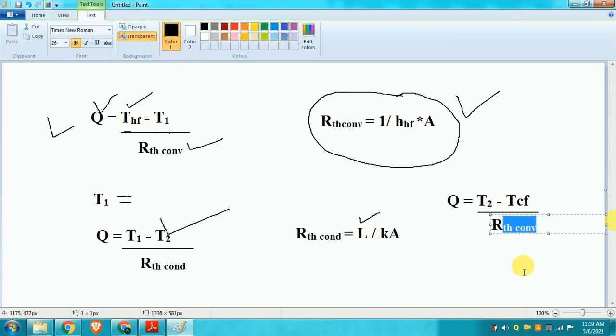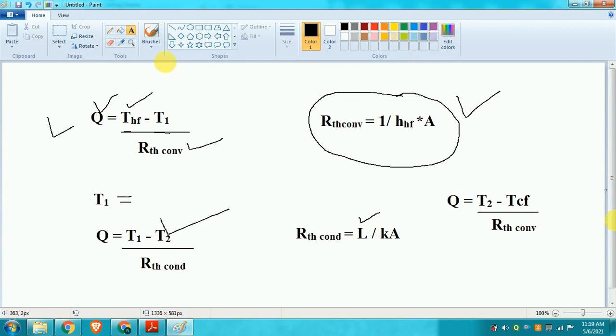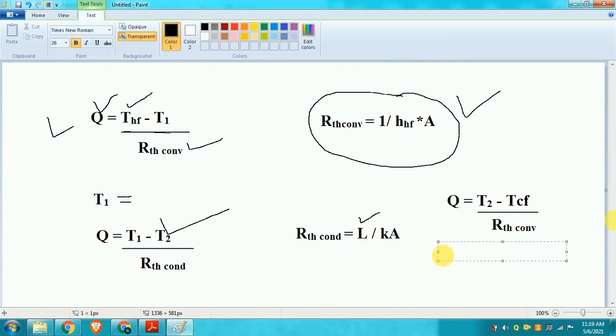Outside fluid is present, this is due to convection. So for this case, what I have to use is RTH convection.